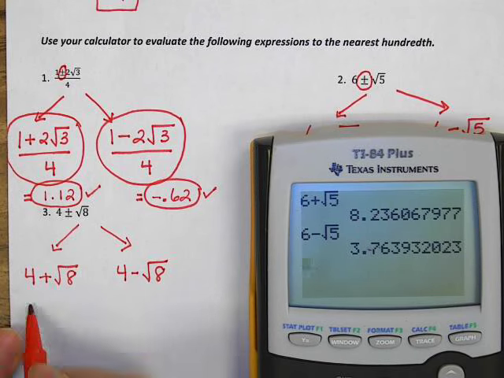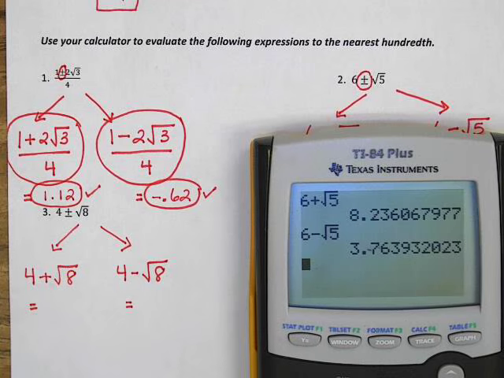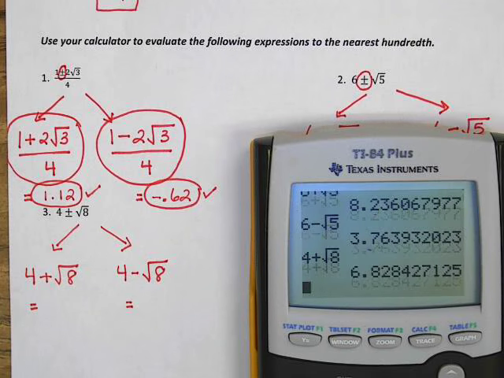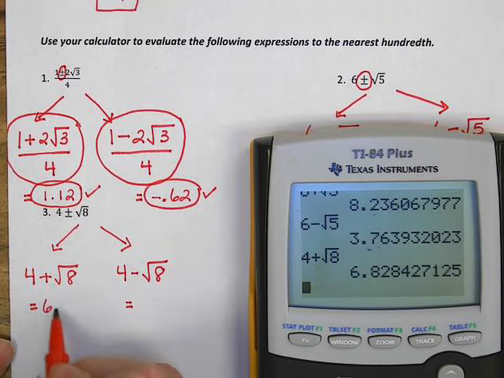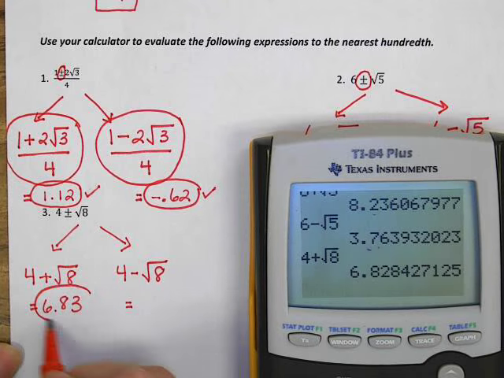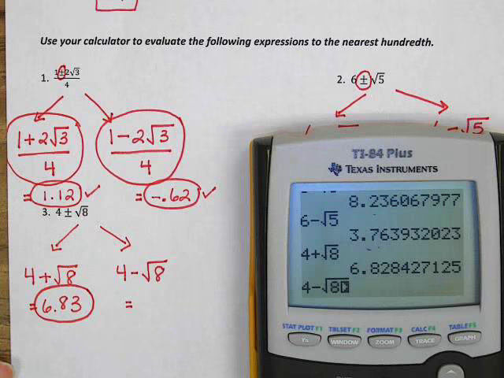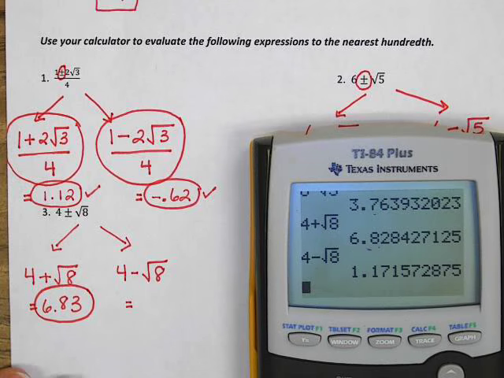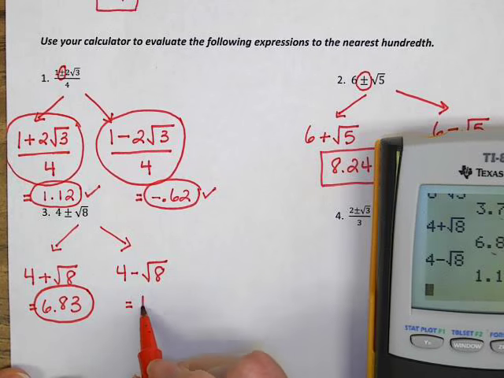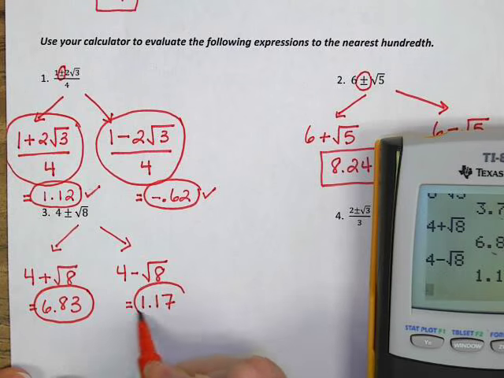And then we type them in the calculator and get our 2 answers. 4 plus root 8 is 6.83 rounded. And 4 minus root 8 is 1.17 rounded. And those are your 2 answers.